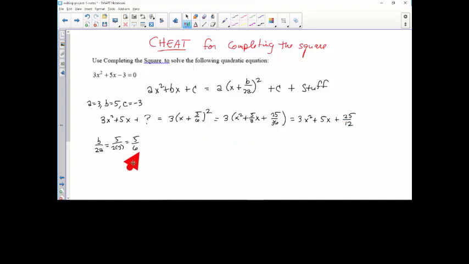So look, I've got this equation. 3x squared plus 5x minus 3 equals 0. Slide the 3 to the other side. 3x squared plus 5x equals 3.